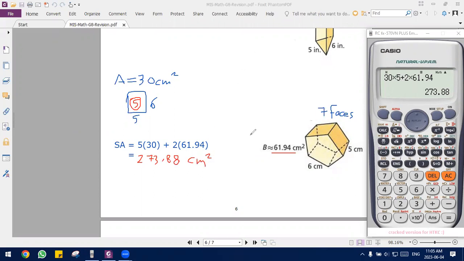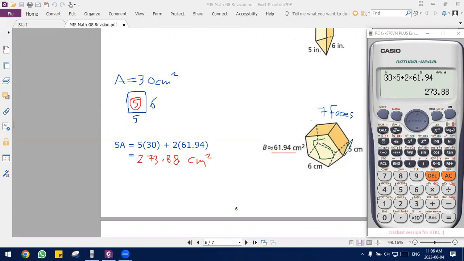Now to find the volume, again, it's not a cube or cuboid. So you check what's the base here, the cross section, it's a pentagon. So each time I cut it like this, I'm getting a pentagon. So how to find the volume? It's the area of the pentagon times the length.